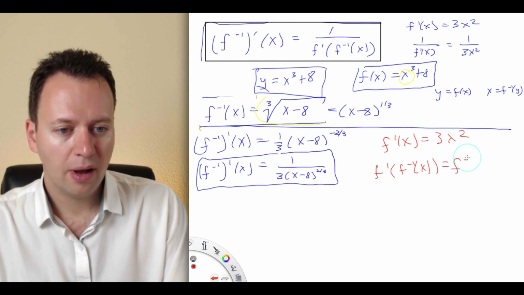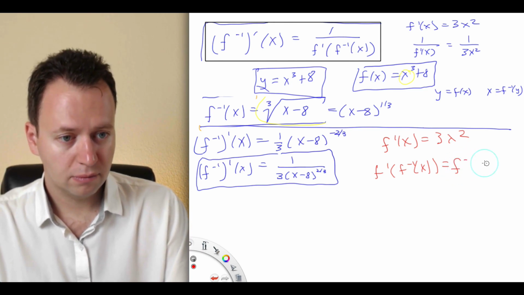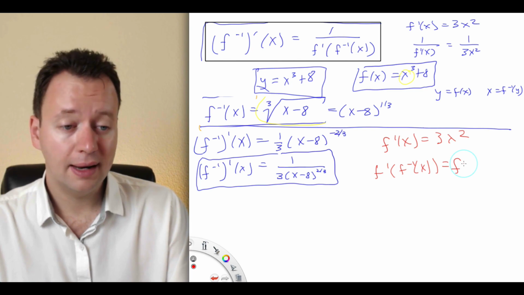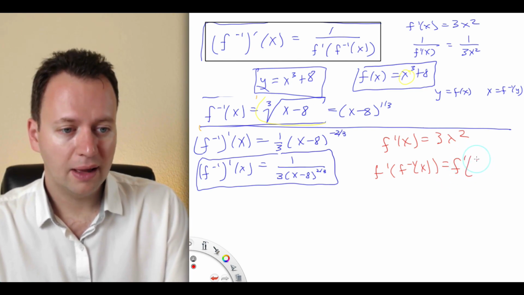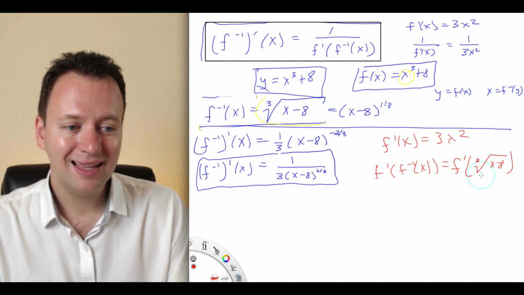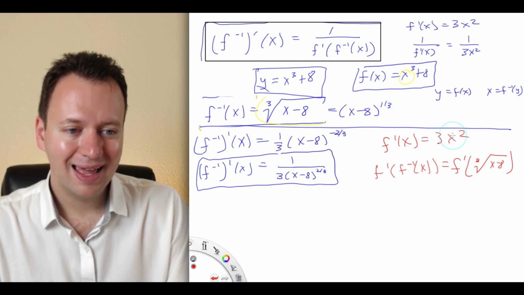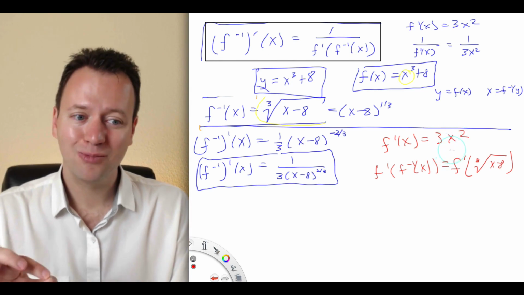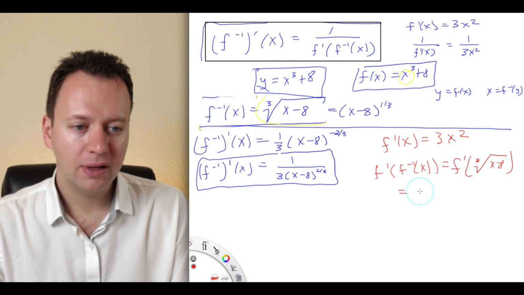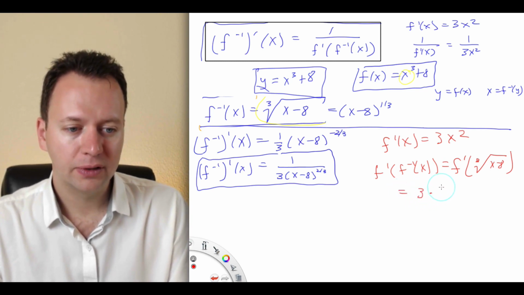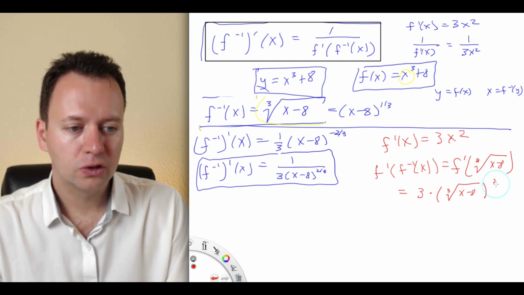That's f prime evaluated at f inverse of x. So it's f prime evaluated at the cubed root of x minus 8. So I have to take the cubed root of x minus 8 and input it into the function f prime. So this x gets replaced with the cube root of x minus 8. So that becomes 3 times the cubed root of x minus 8 squared.